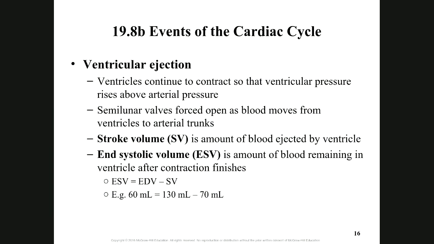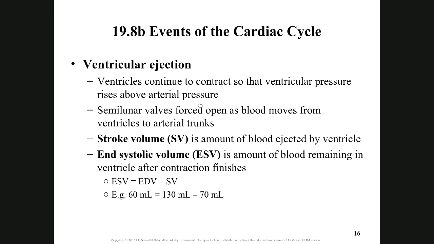The ventricular ejection. The ventricle continues to contract, so the ventricular pressure rises above the arterial pressure. And I told you that the blood can always move from the place where the pressure is higher to the place where the pressure is lower. So when the pressure of the blood in the ventricle increases above the pressure of the blood in the arteries, then the blood can easily go to the arteries.